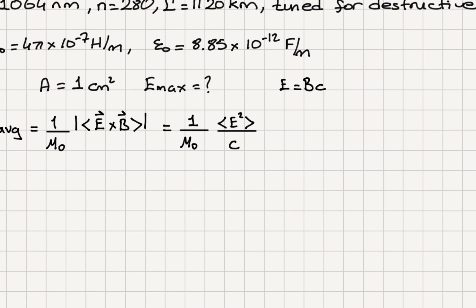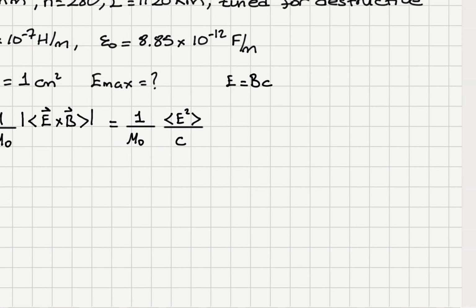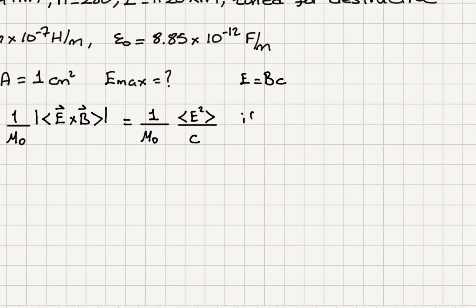Now I want to recall, if the electric field at a given point in space is written as E max, the amplitude, times cosine omega t. So normally this is a traveling wave, but I'm fixing the position, so it's just time dependent at that position.